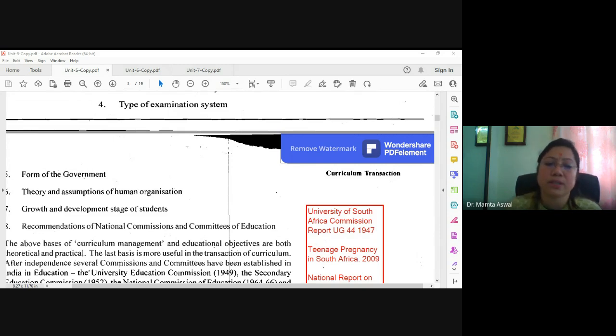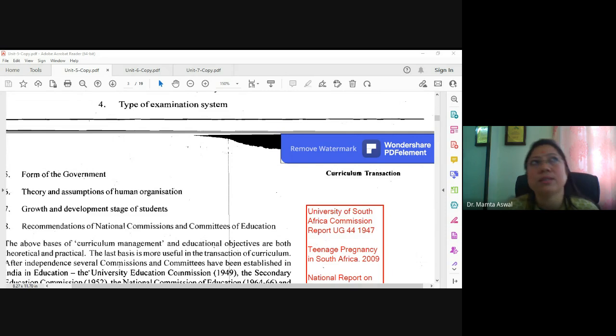When we talk about development, it means physical, moral, mental, spiritual, emotional, and social development. All these stages are also considered, like for which class what is important.